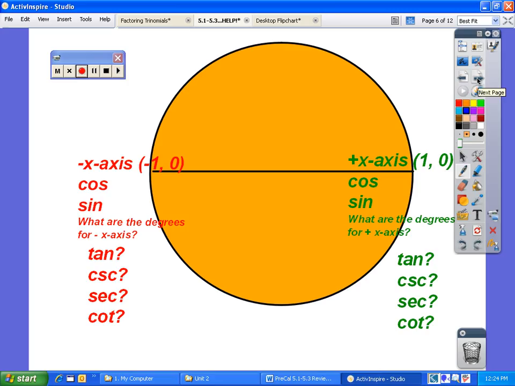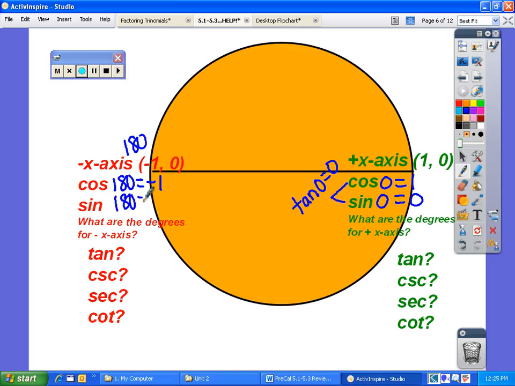Now your axes, cosine is going to be your first value, which is 1. So cosine of 0 is 1. Sine of 0 is 0. Meaning that in this quadrant, this axis, tangent of 0 is 0. Now when you go to the other side, this is 180. Cosine of 180 is going to be negative 1.